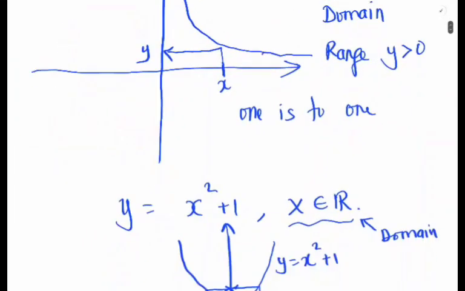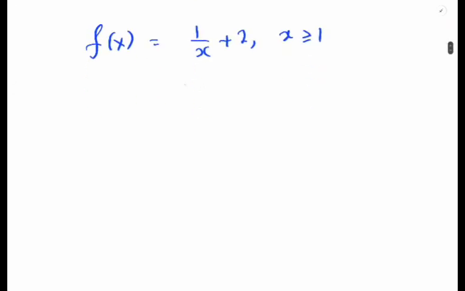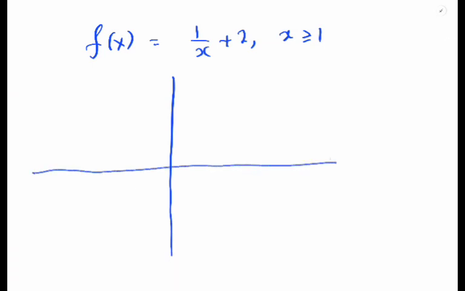Alright, so let's say for example here, if you have f(x) = 1/x + 2, and then let's say I put x is bigger or equals to 1. So in this case, you see, if you draw the graph, it's just to get an idea, we draw the graph here, right?